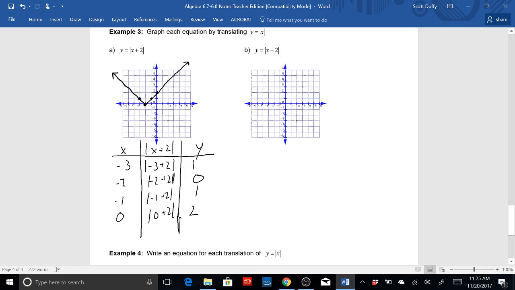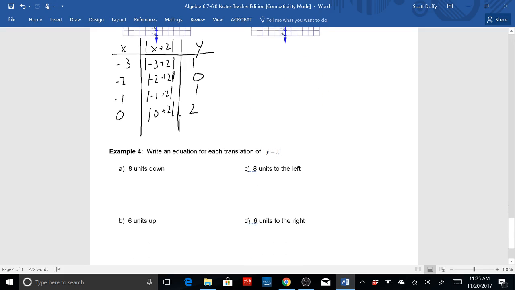So if I put a negative 2, which way is it going to move? Right. It's the opposite of what you might think. So this would be the bottom point, and then it's still going to be an absolute value V equation going like that. What I want you to do is examples 4 and finish this up.